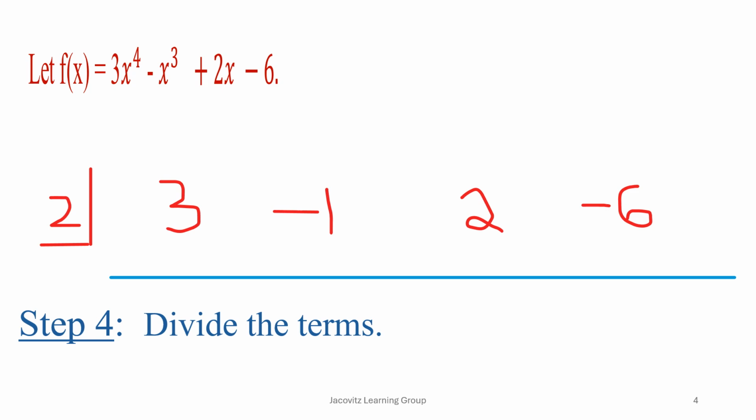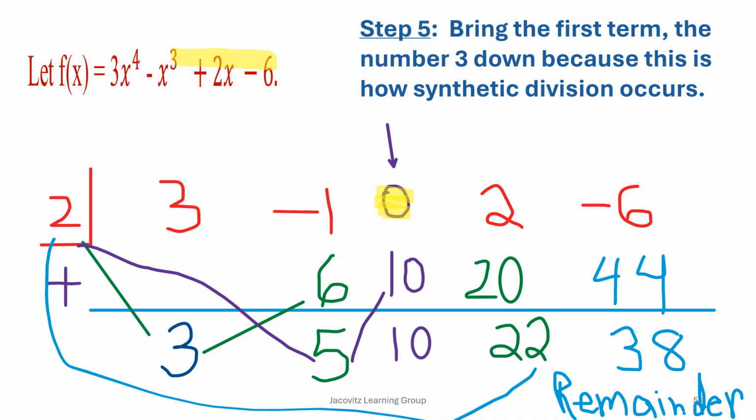As we move on, we're going to start dividing the terms. Let's make sure that you take care of this 0 term and you don't ignore it, as a lot of people are inclined to do. The 3 you just bring straight down. Then you go outside: 2 times 3 is 6.